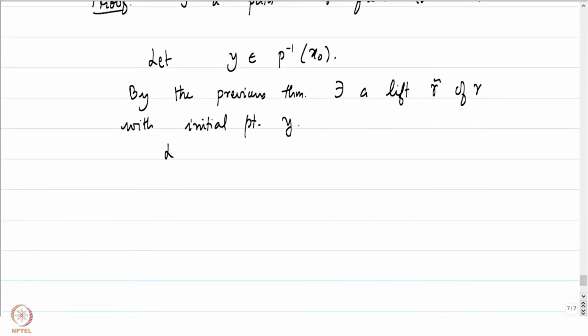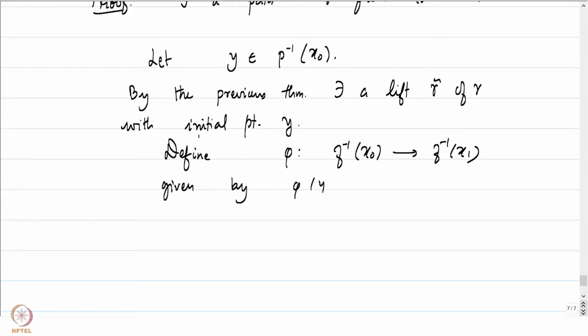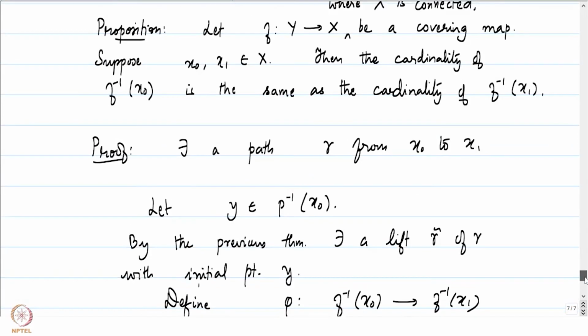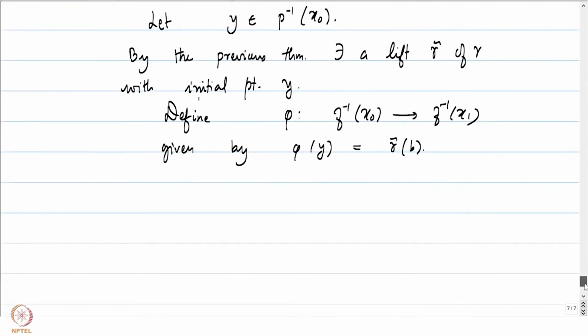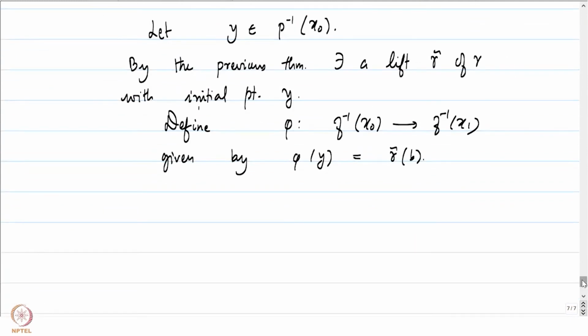Now let's define a map phi from f inverse of x0 to f inverse of x1 given by phi of y0 to be equal to gamma tilde of b. Remember that gamma is a path from x0 to x1, and therefore gamma tilde is going to be a path from y0 to some point in the preimage of x1. So this is going to certainly make sense, and the uniqueness tells us that this map phi is well defined.